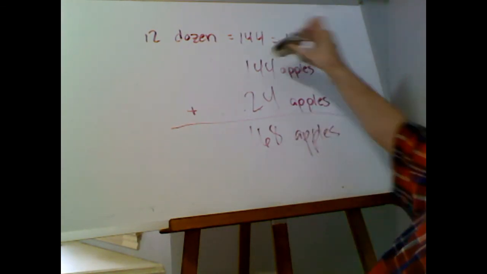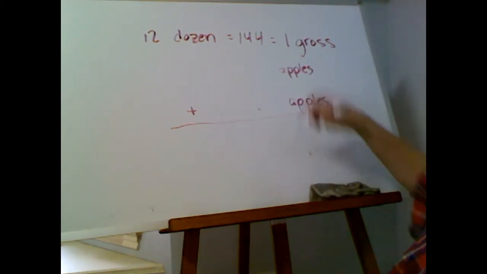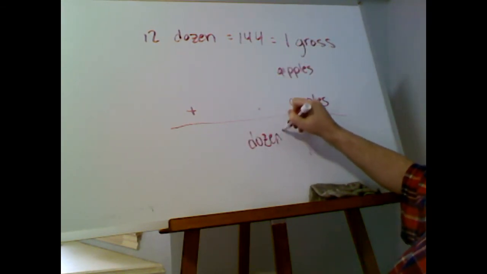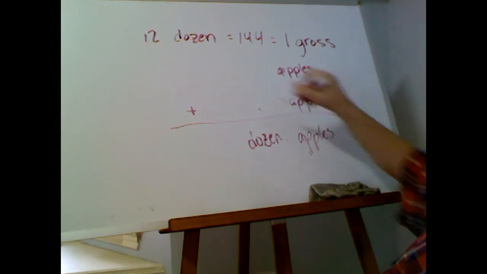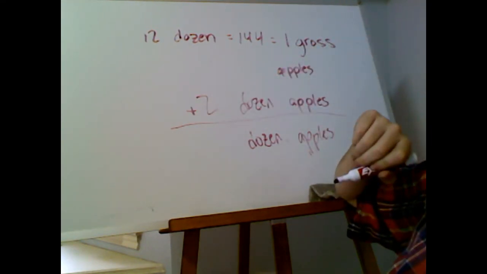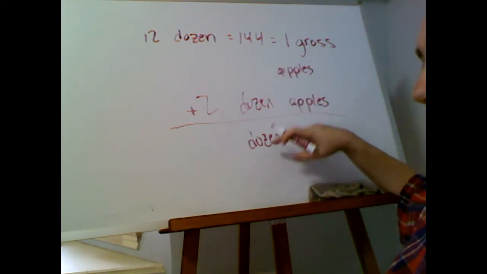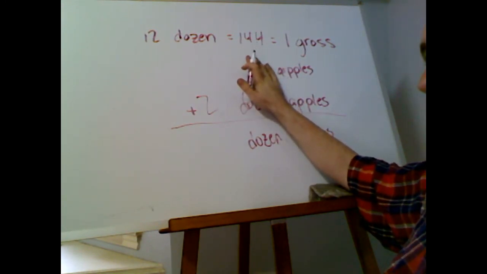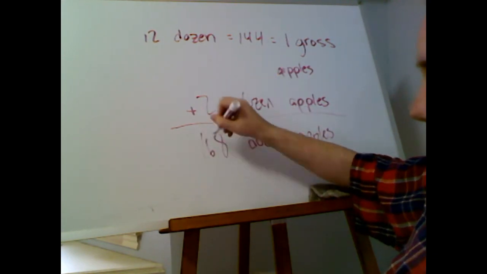Now, occasionally, you may see a problem which asks this. How many dozens of apples? We saw 2 dozen apples here, right? But my 1 gross, I can't add a gross and a dozen, but we want to know a dozen. So if I turn it into just apples, if I get 168, I can't write 168 dozen.